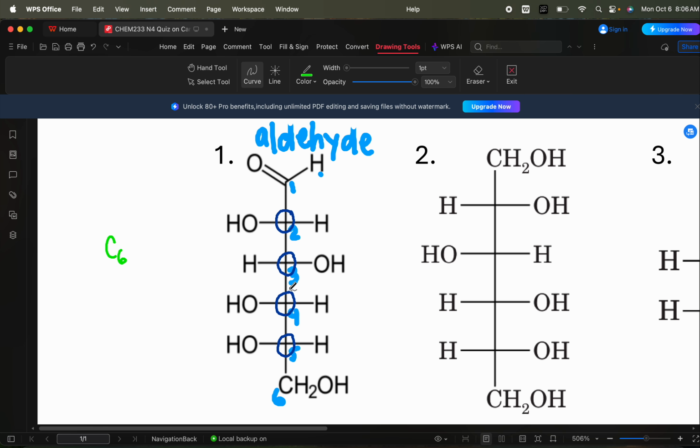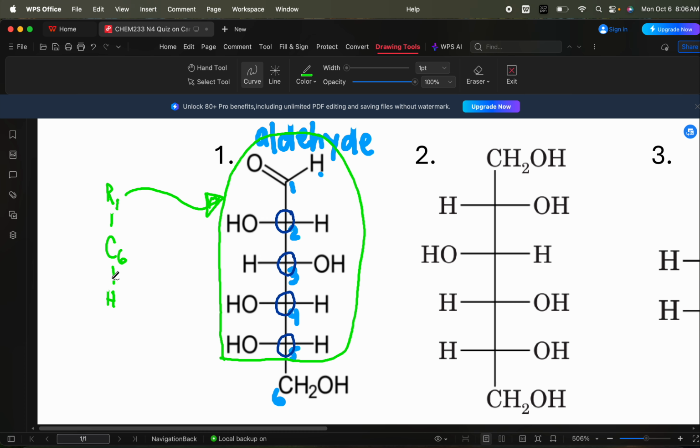Now for carbon number 6, this is bonded with a substituent group at the top. So for carbon number 6, this is your whole R1. And then it is also bonded to hydrogen. So there are 2 hydrogens, single bond each.